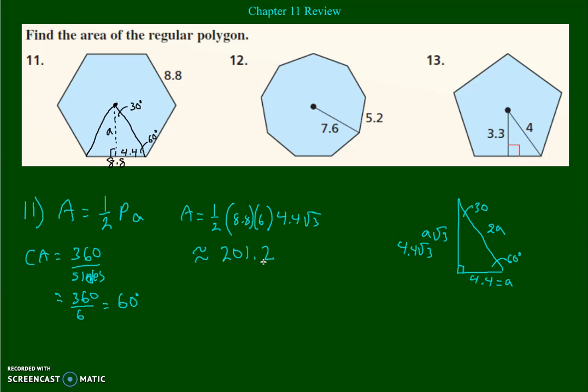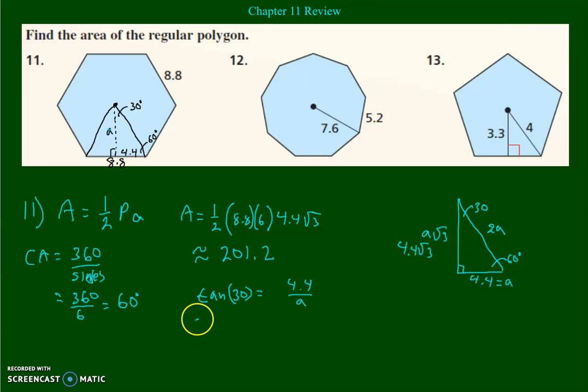Now let's just say, just for kicks, that you forgot the 30-60-90 relationships. You can still revert back to your trig functions. We can either use the 60-degree angle or the 30-degree angle, and we can say SOH CAH TOA, Tangent is Opposite over Adjacent. So we could find the apothem using tangent, and it would have been tan 30 equals 4.4 over apothem.